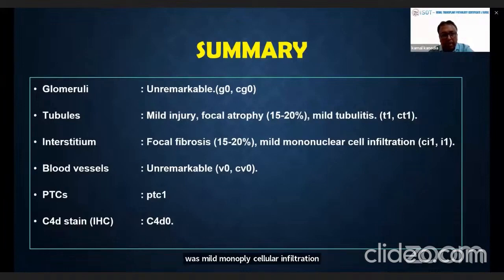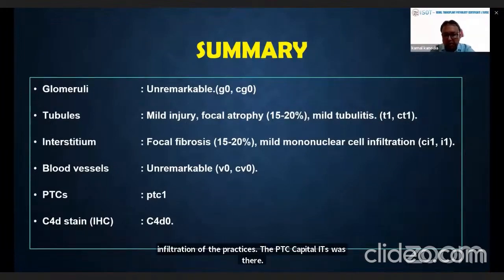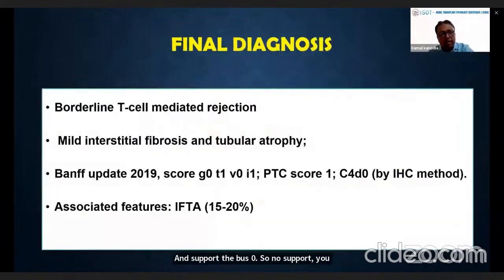Blood vessels were unremarkable. There was mild infiltration of the PTC, PTC capillaritis, PTC1, and C4D was 0, so no C4D deposition in the PTCs. So we keep the diagnosis of borderline T cell mediated reaction with mild interstitial fibrosis and tubular atrophy.